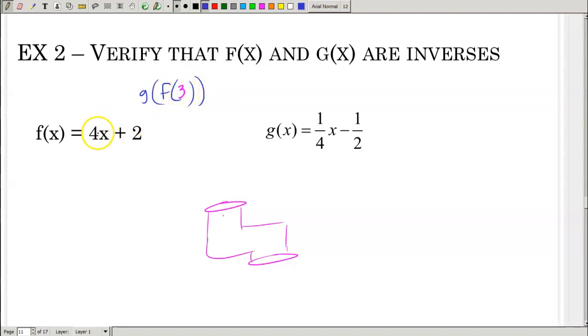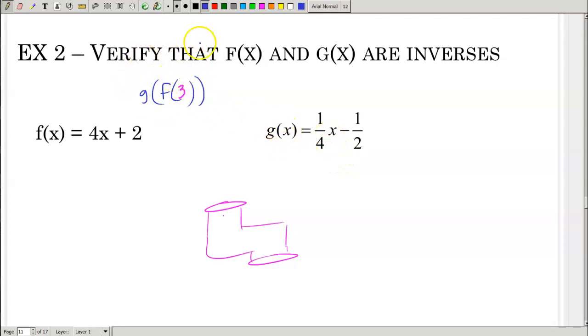If we plug 3 into f, we'd get 4 times 3 is 12, plus 2 is 14. Now, if I plug in 14 here, I'd get 14 over 4, right? 14 fourths, which is 7 halves. So I'd have 7 halves minus 1/2, which is 6 halves, and that is right back to 3.